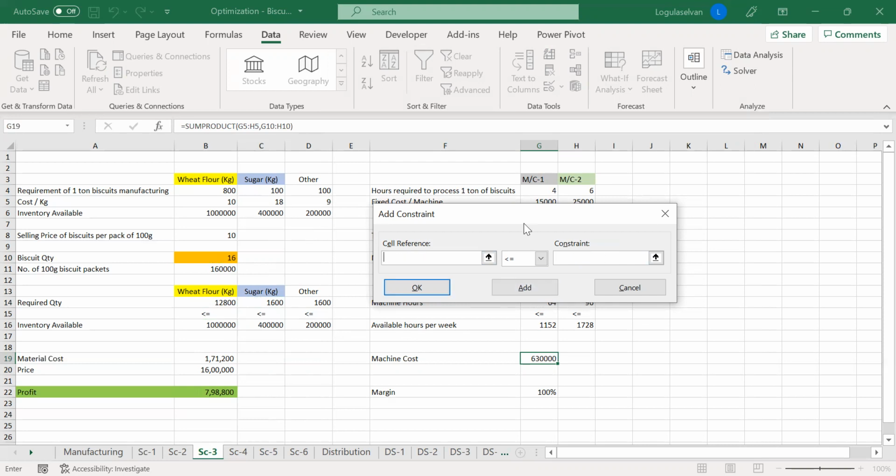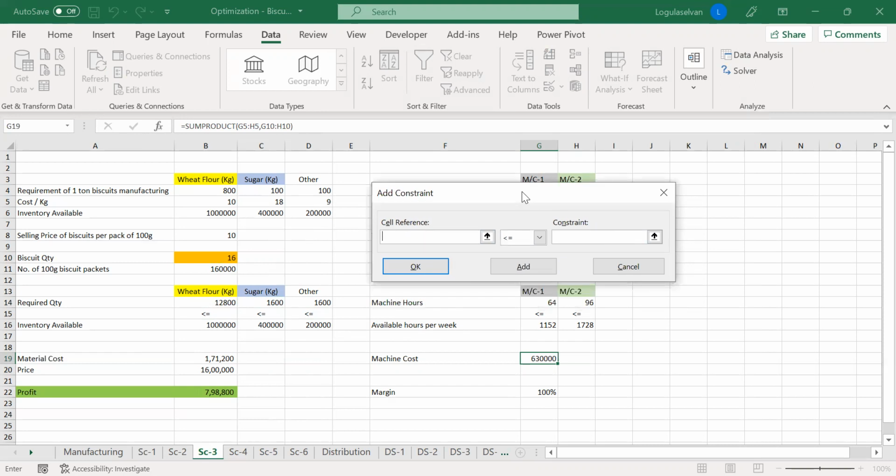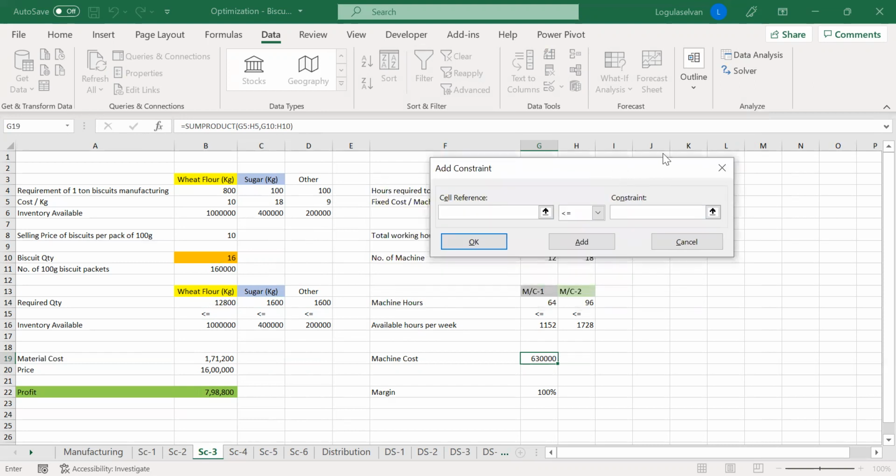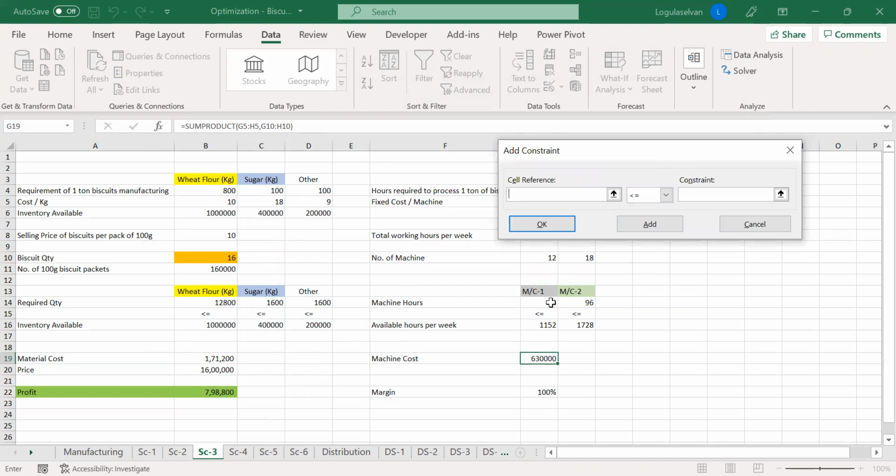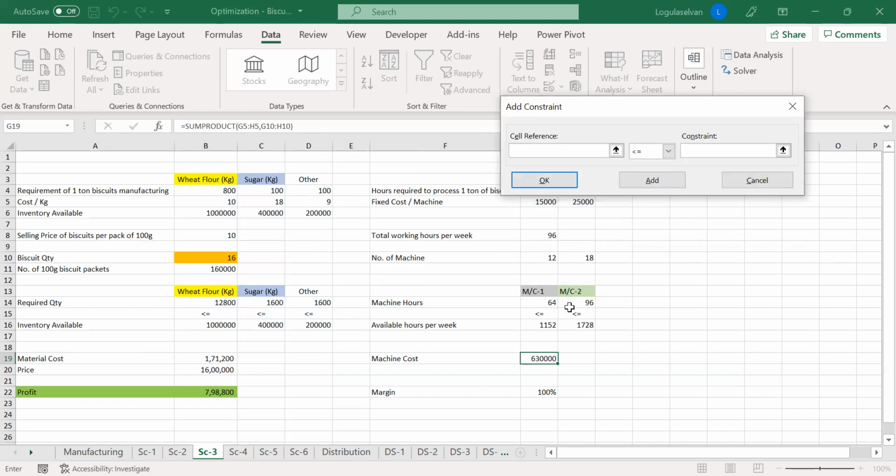The next constraint we are going to consider here is the available hours. The available hours will increase because of 12 machines, so 96 gets multiplied by 12. Similarly 18 into 96, so this many hours will be available per week.